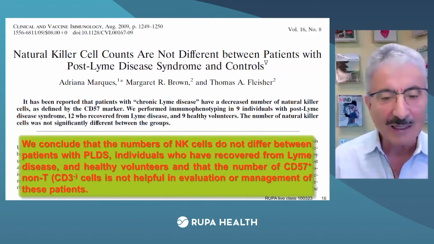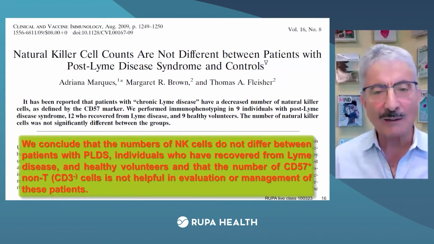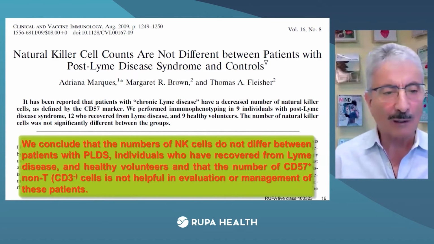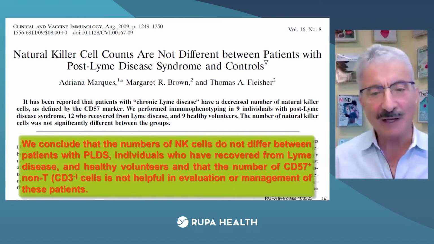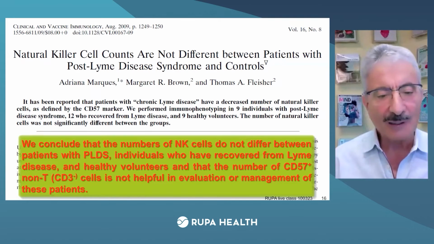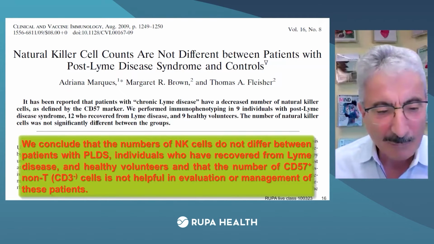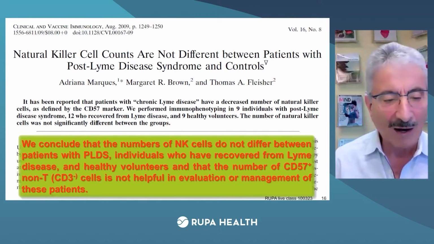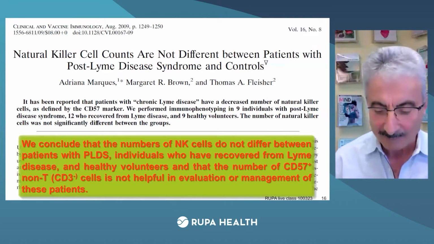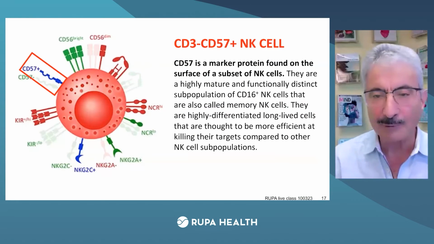And just think about how much damage we can do to the biome of that individual without any justification, putting them on antibiotics for many years based on the false test, which is called CD57 positive step. So I hope I made my point about that.